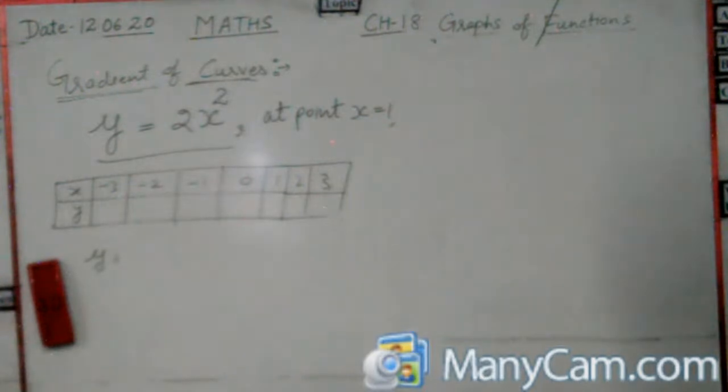But the graph here, the plotted graph, that is -1, 2.